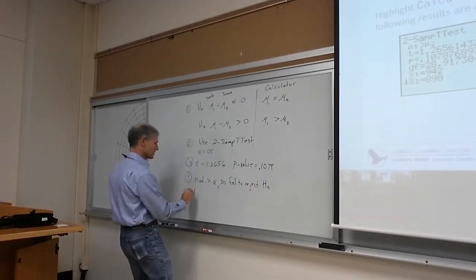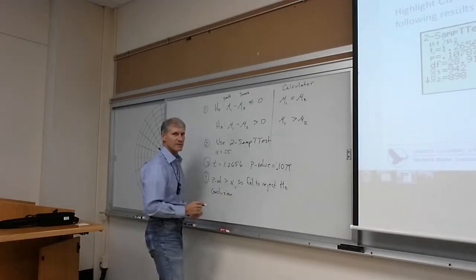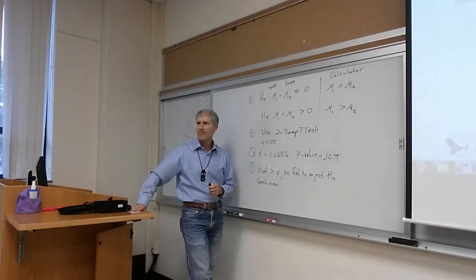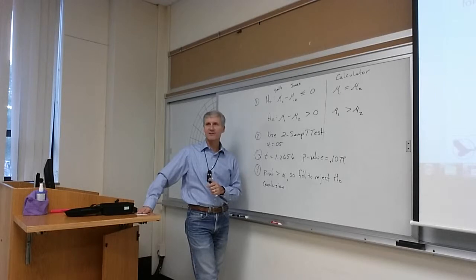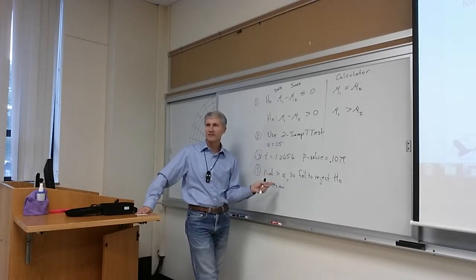So the conclusion, how do you always word that sentence, the conclusion? There is or there is not sufficient evidence for the alternative. So which is it? There is not sufficient evidence.